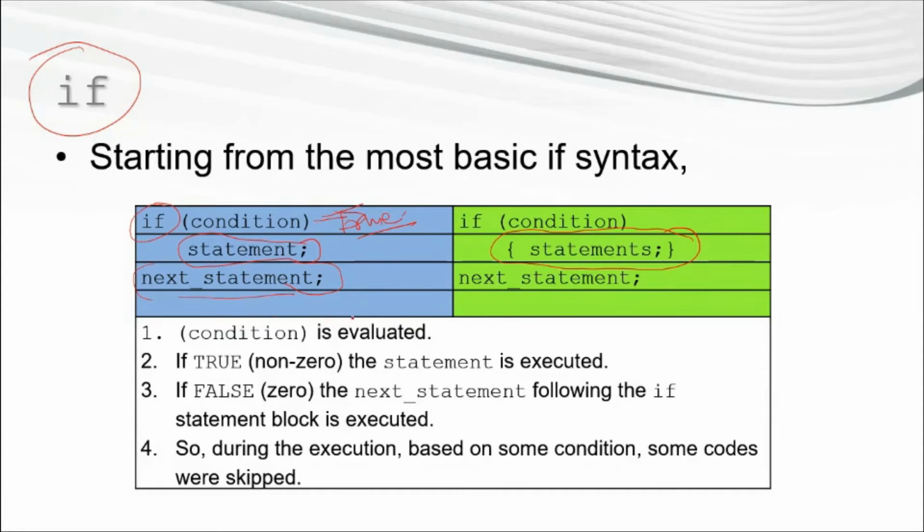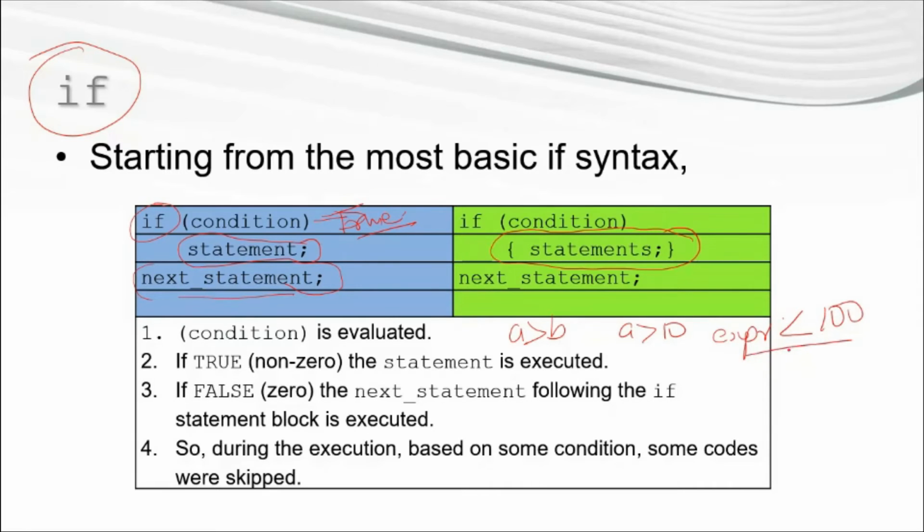So the explanation goes like this. The condition is evaluated. The condition should be placed inside brackets. This can be something like A is greater than B, or A is greater than 10, or some expression is less than, say, 100.